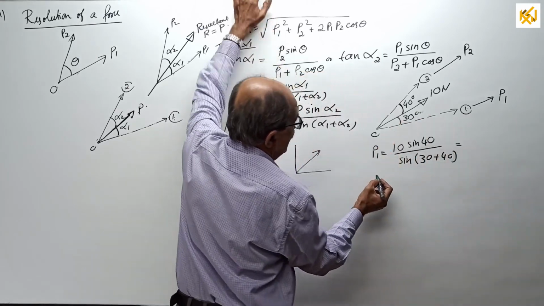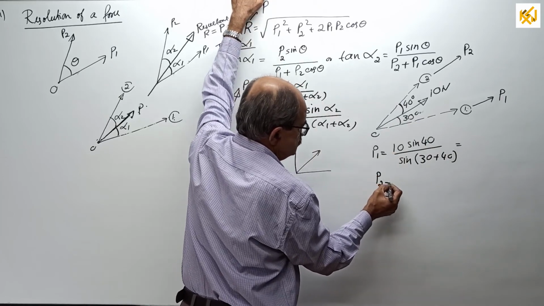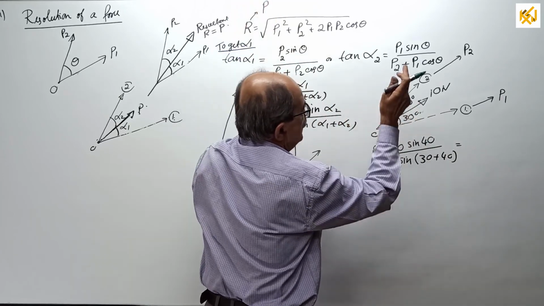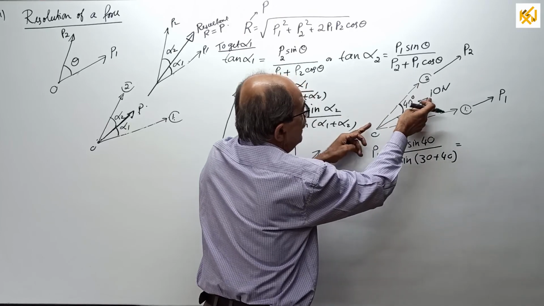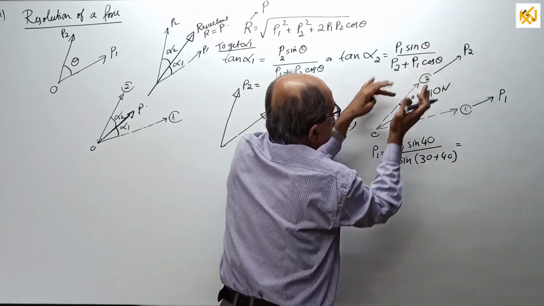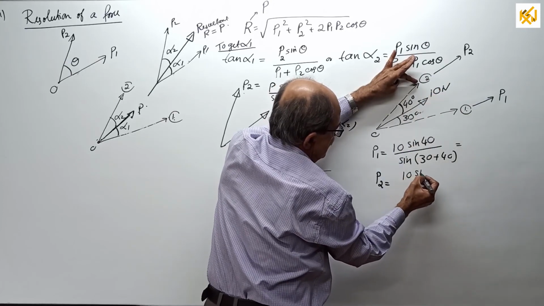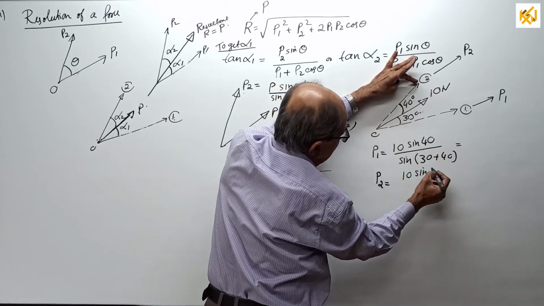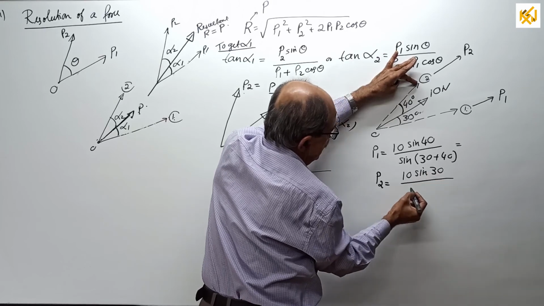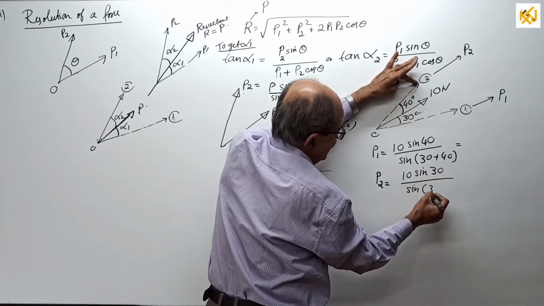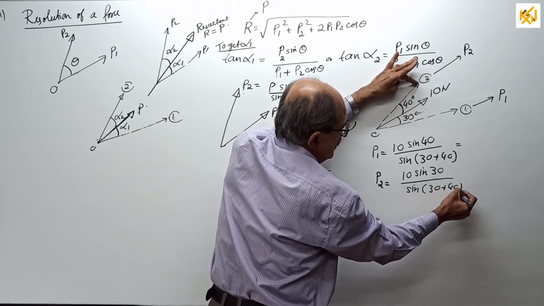Calculate the answer. And if you want component P2, that is the component of this 10 Newton in the direction O2, so force 10 into sine of the other angle 30, divided by sine of 30 plus 40. This you have to calculate.